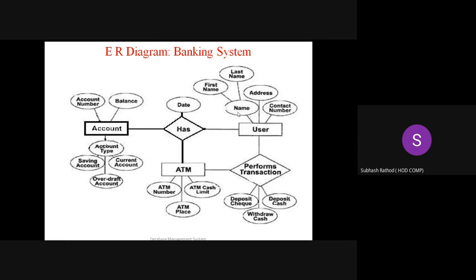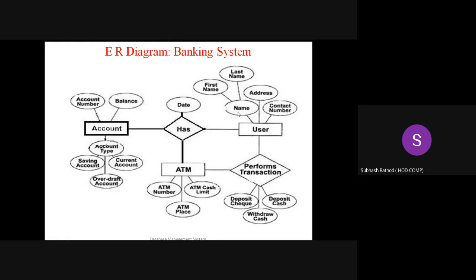If you consider the banking system, we have not shown any parties from the bank, right? You can show the manager, the clerk, the staff from the bank. You can add the loan, the various banks, the various departments from the bank.